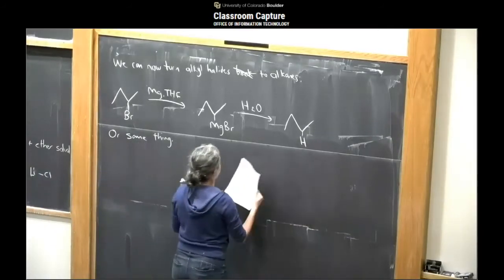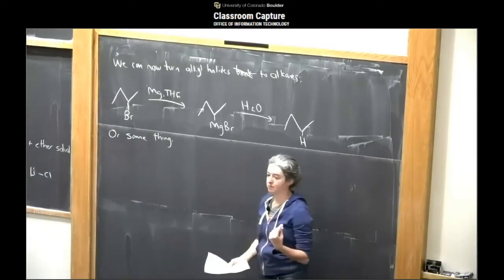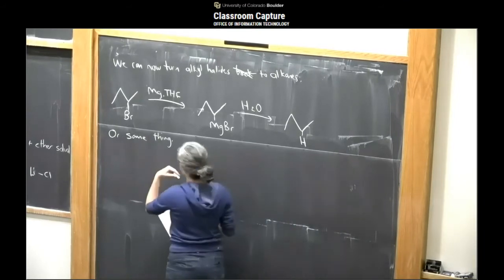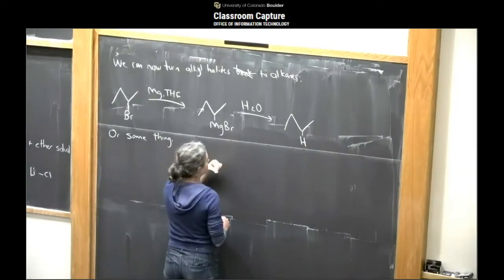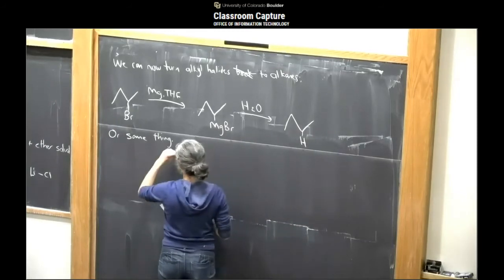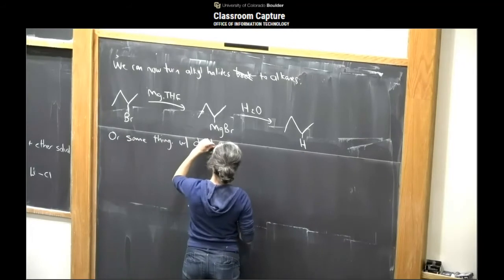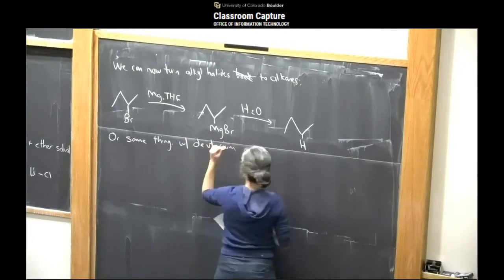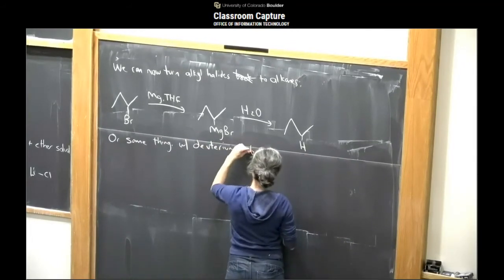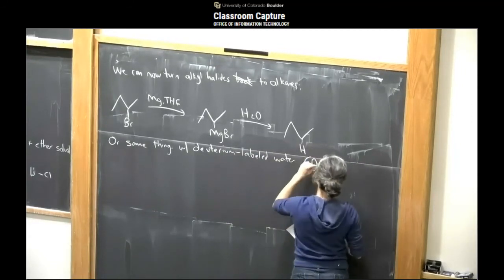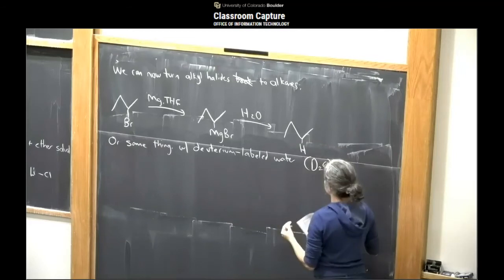But it behaves differently in an NMR, for example, so we can learn some things chemically about the structure of whatever we're working with if we can get a deuterium stuck on at a specific location. So D2O instead of H2O.